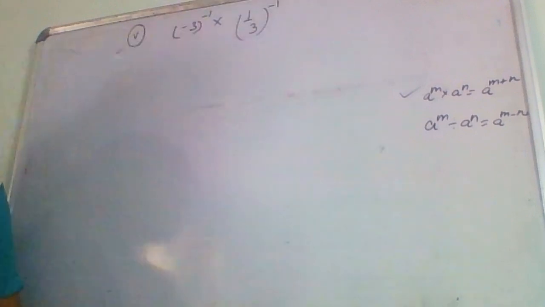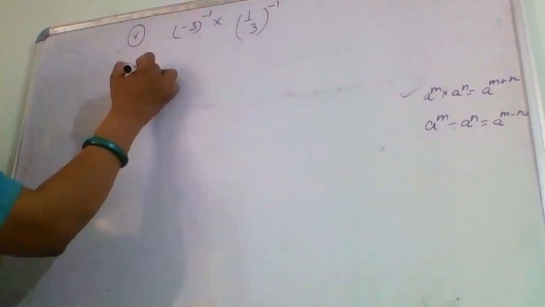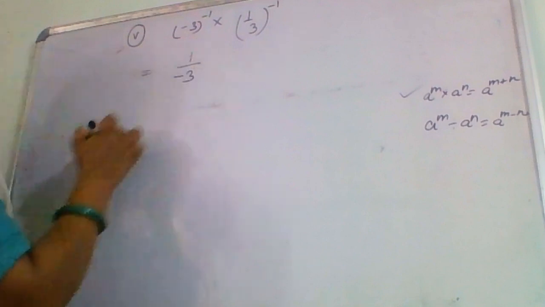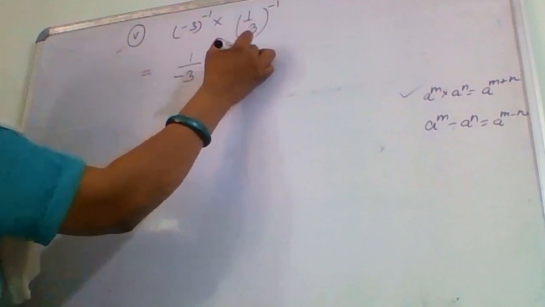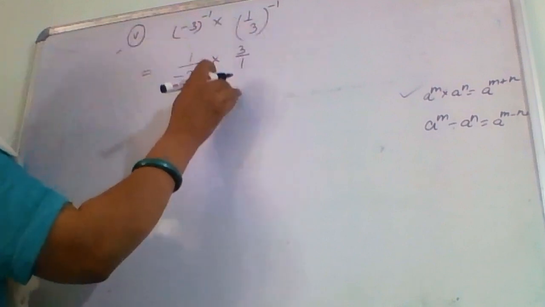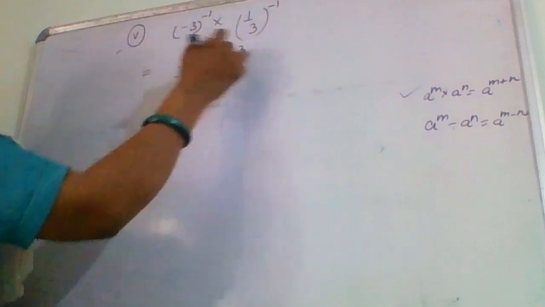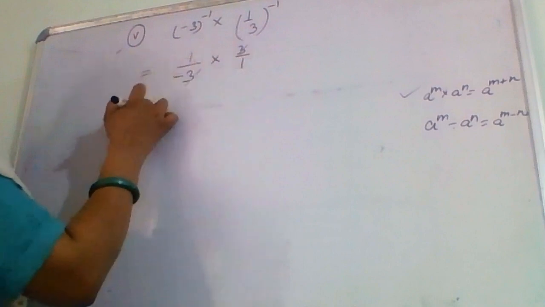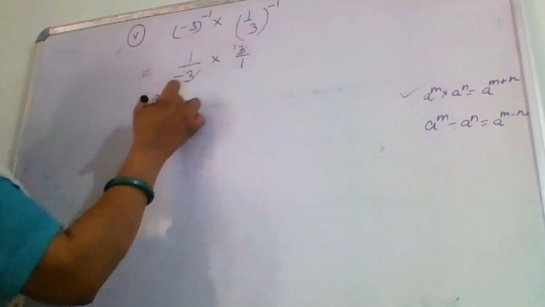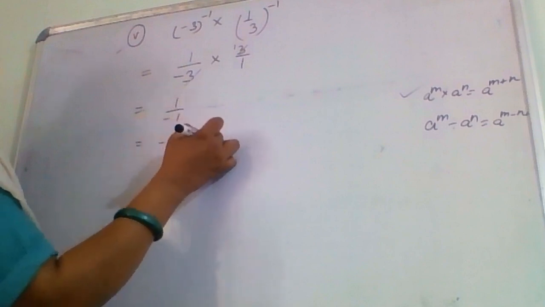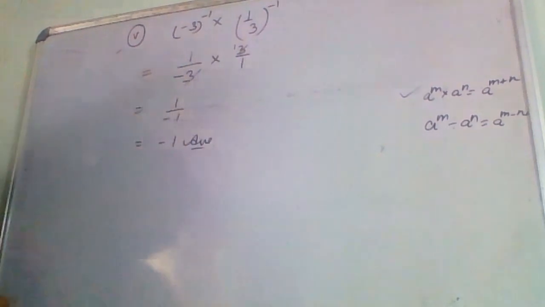So first of all we have to solve it. So how will we solve it? First of all, this can be written as minus 3, and this is reciprocal, so 3 by 1, no need to write the sign of the power. Now this and this can be eliminated. So 1 and 1, minus 1. So the answer is what? Minus 1. The fifth one.